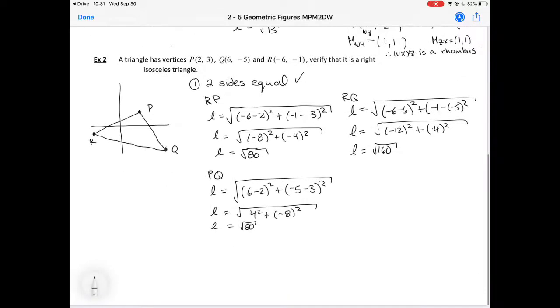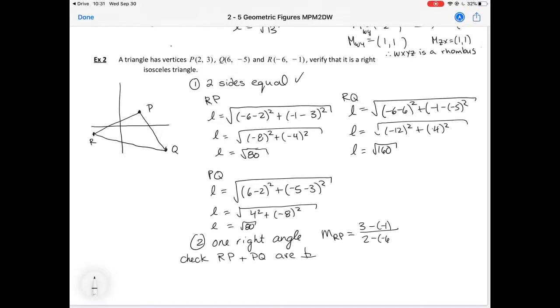The next thing that we need to do is verify that there is one right angle. Now from my sketch, I know which 2 sides that I'm going to check. I'm going to check if RP and PQ are perpendicular. So that means that I need my slope for RP, which would be y2 minus y1 all over x2 minus x1, which is going to give me my slope for that side of the triangle.